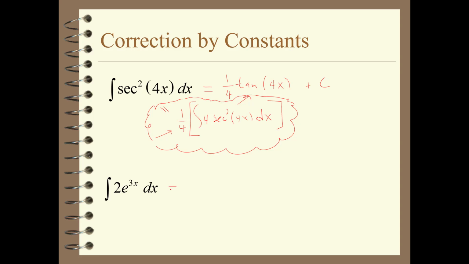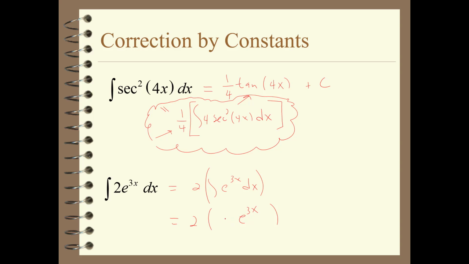So doing it again, notice this is 2 times the integration of e to the 3x dx. So for this integral, you'd have 2 times the answer. But the antiderivative of e to the 3x, I'm looking for a function whose derivative is e to the 3x. That should be e to the 3x. But if I were to take this derivative, I would have to take the derivative of the exponent. That would be 3.